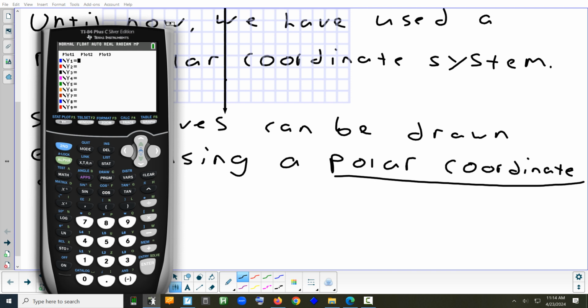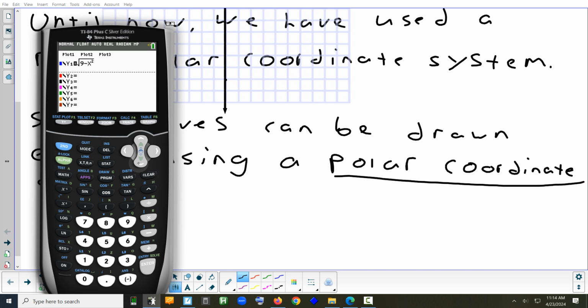To draw a circle with a radius of 3 as a function, you need to type in the square root of 9 minus x squared. That's the top half. It's the best I can do.